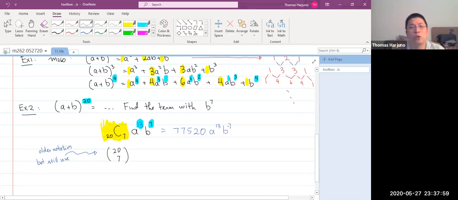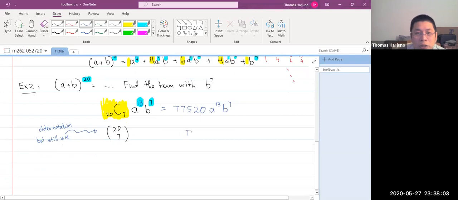If you use a TI-30, you punch 20 first, then look for PRB, and then move your cursor to nCr, and after that you punch 7, and then enter.